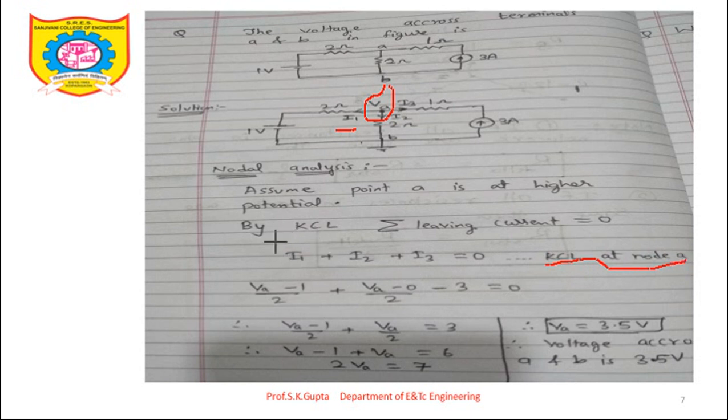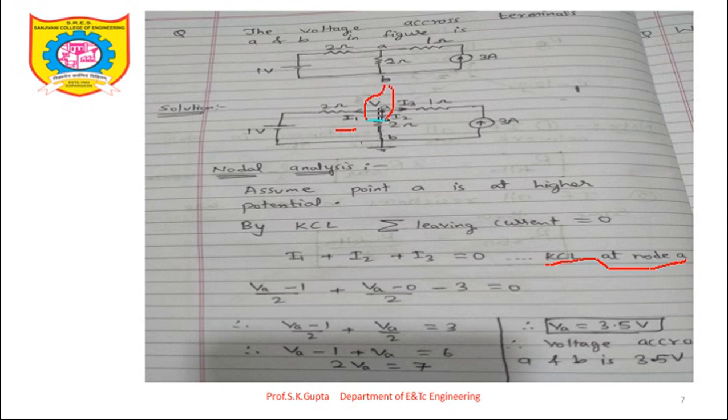Okay, now what is the value of I1? I1 is nothing but voltage minus voltage divided by resistance. According to Ohm's law, V equal to IR, so I equal to V by R, where V is the voltage difference. The current direction is this, so voltage minus voltage upon resistance.